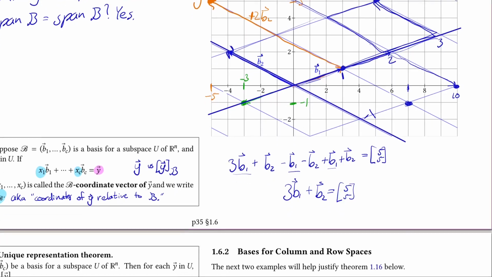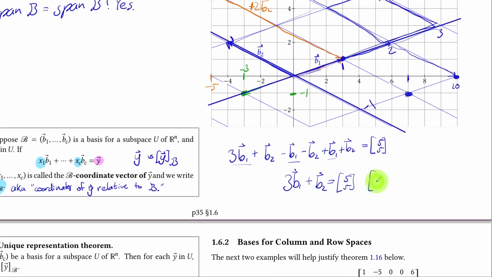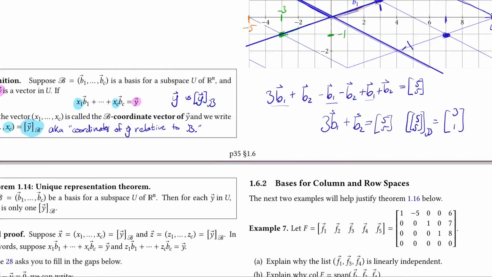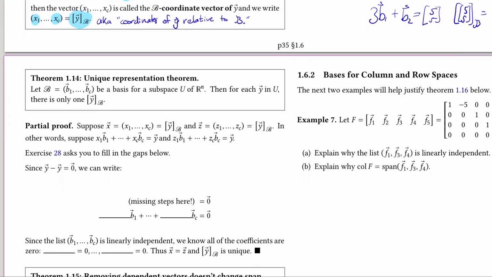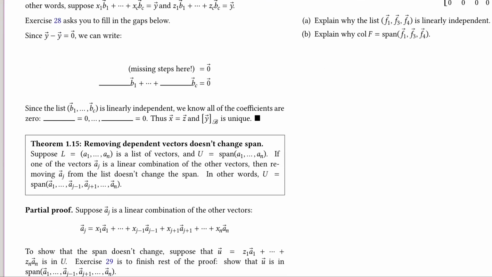So there's really only one coordinate vector of 5, 5 relative to this basis, and it is 3, 1. Okay, so there's really only one coordinate vector for each, and that has to do with the fact that it is a linearly independent set. So that's my hand-wavy justification for that. I'll let you prove it formally for the homework.